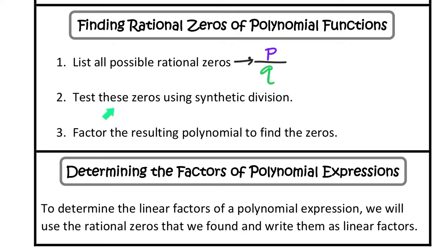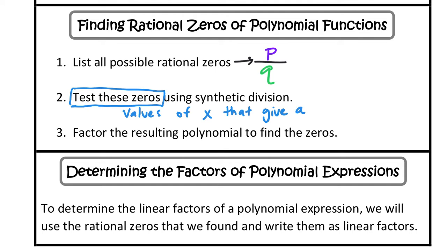And we're looking for values of x. When we say testing the zeros, we're looking for values of x that give a remainder of 0.